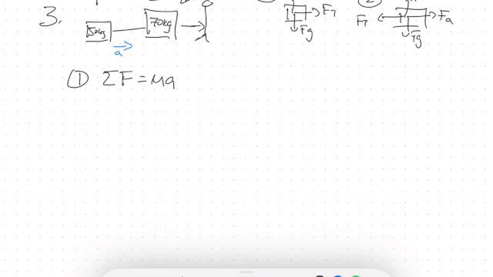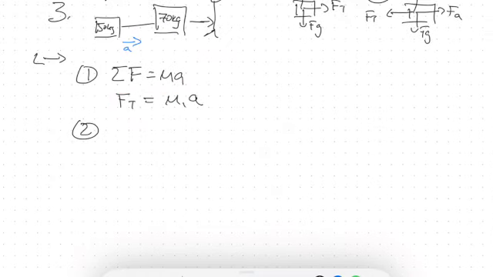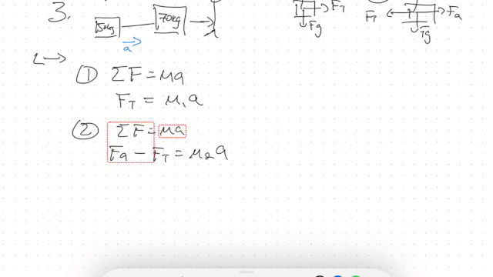So if we're talking horizontal here, for block 1, there's only force of tension. The other forces are vertical forces. It's m1a. Okay. For block 2, sigma F equals ma. Fa minus Ft equals m2a.